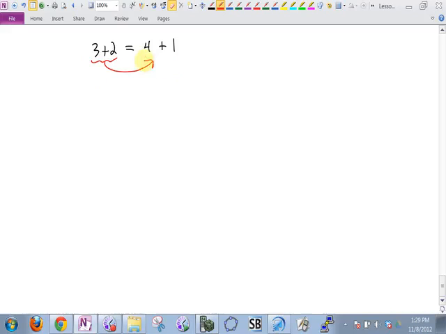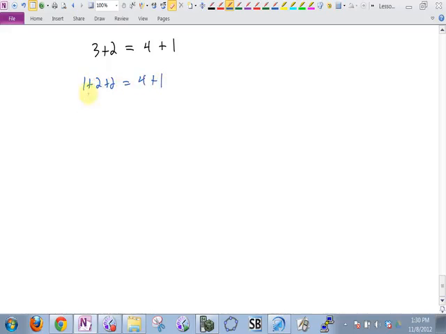So you have to use all of your valid math rules to turn 3 plus 2 into 4 plus 1. You work on one side of the equation, because there's no doubt about it: if you can turn one side of the equation into the other side, clearly they are equivalent statements. So how would you do a problem like this? I'd probably say, because of our rule of addition, I can rewrite 3 as 1 plus 2.